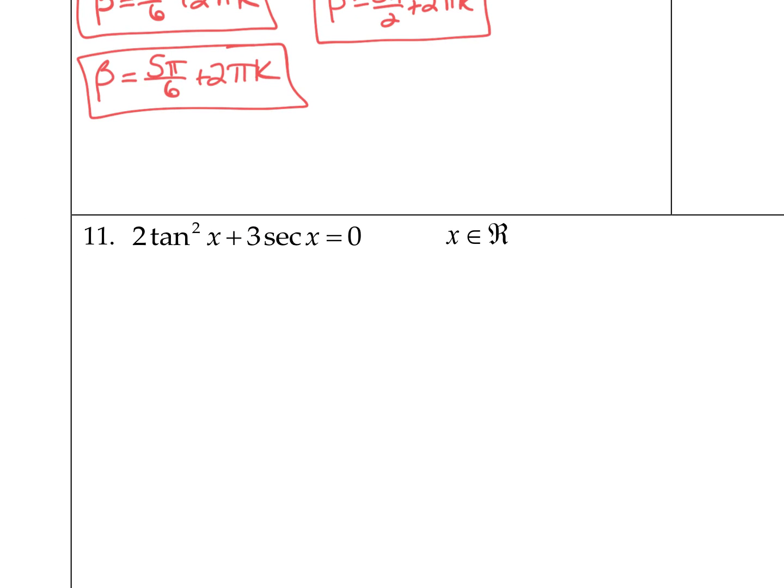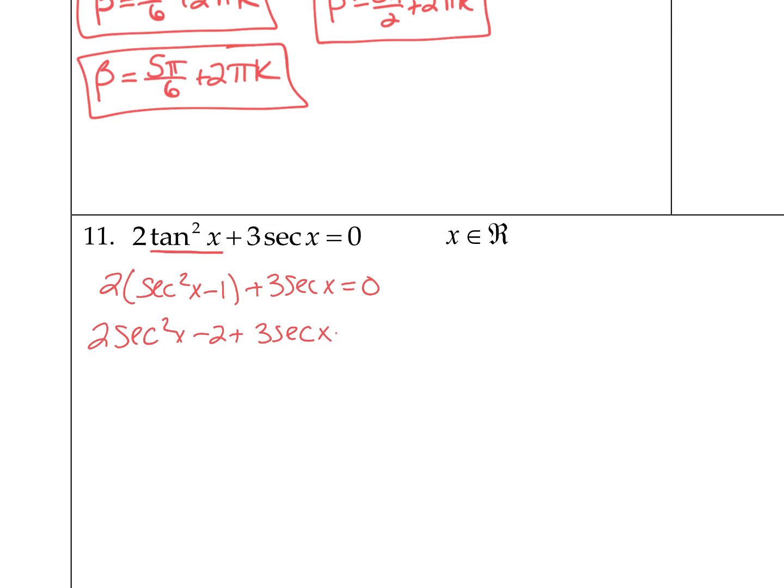In this last example, again, I have different trig functions, so I'm going to change this tangent squared to secant squared minus 1. So I'm going to put 2 secant squared minus 2 plus 3 secant.